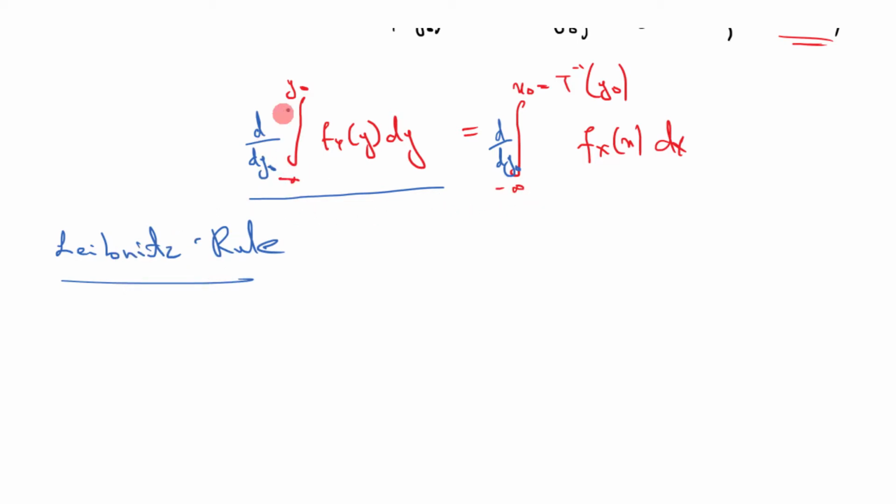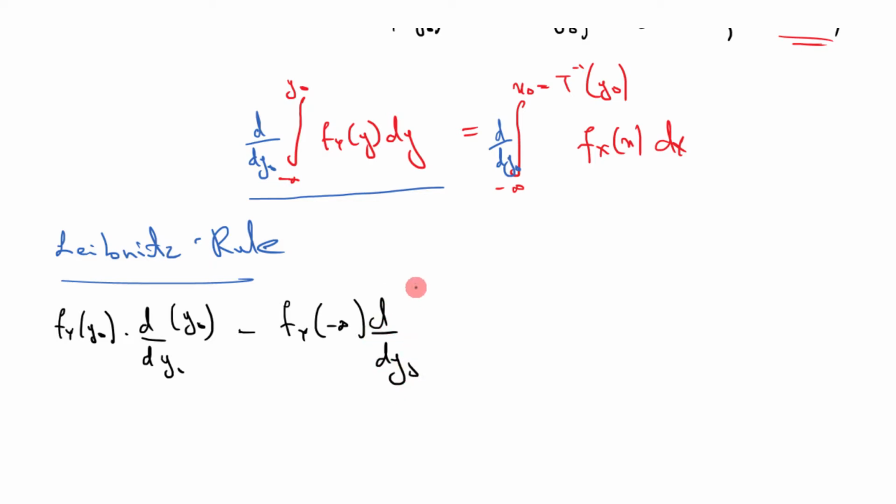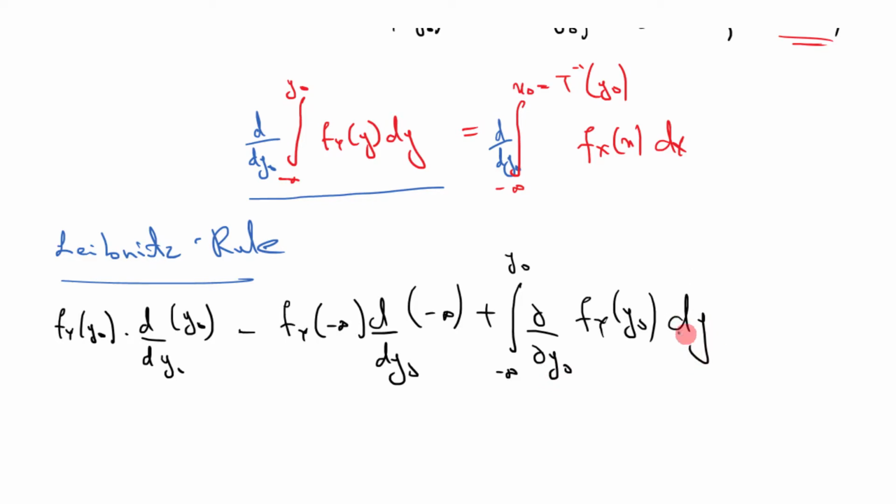Applying the Leibniz rule on the left hand side, what you will get is f_Y of y naught into the derivative of the upper limit y naught, minus f_Y of minus infinity into the derivative of the constant minus infinity, plus the integral from minus infinity to y naught of the partial derivative of f_Y of y with respect to y naught dy.